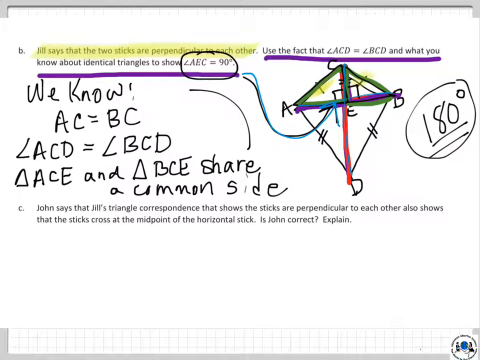It says, John says that Jill's triangle correspondence that shows the sticks are perpendicular to each other also shows that the sticks cross at the midpoint of the horizontal stick. Is John correct? Explain.